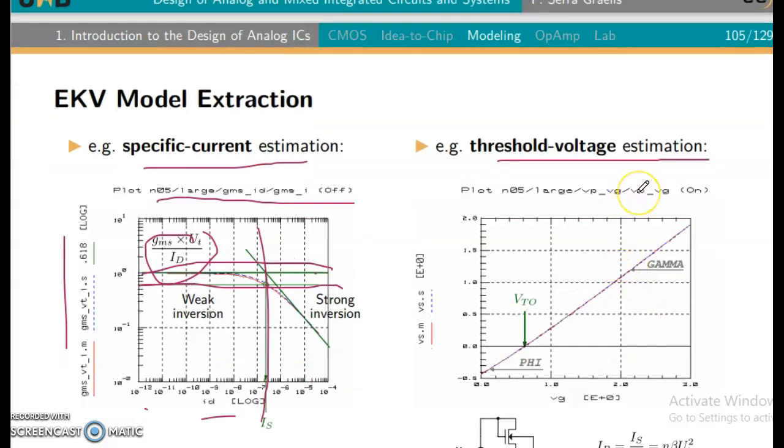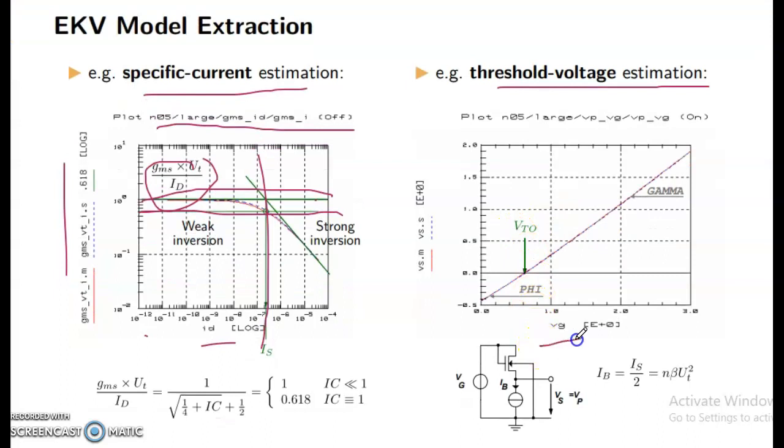And then threshold voltage estimation. Here in the x-axis VG, VS. Y-axis, here this is VTO, gamma.